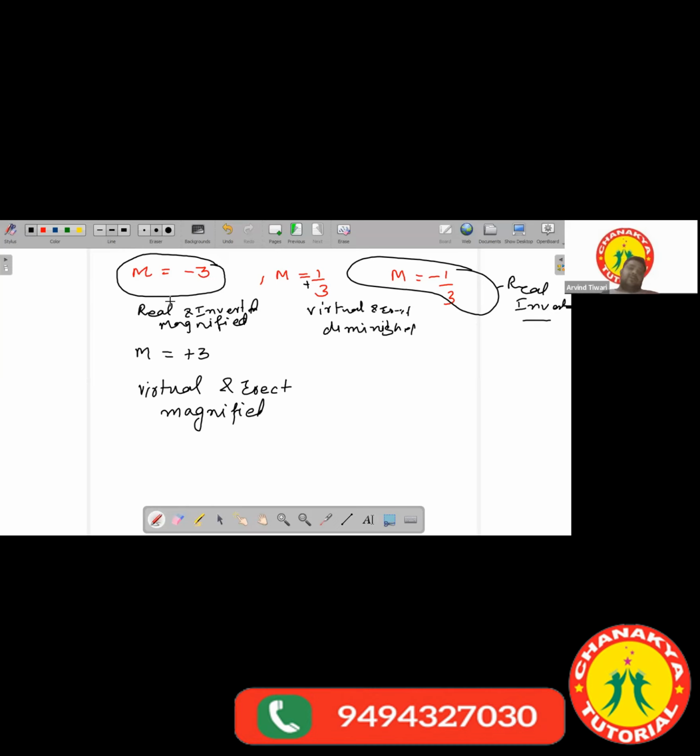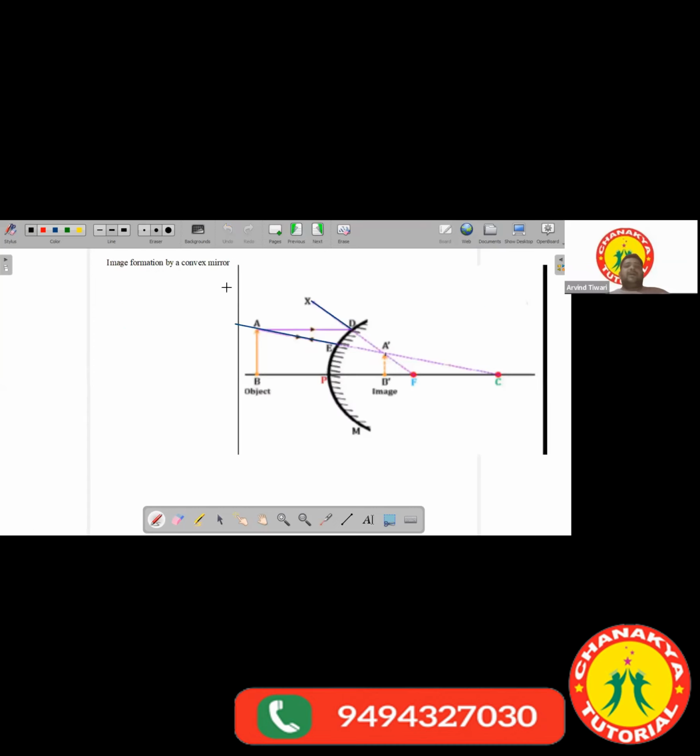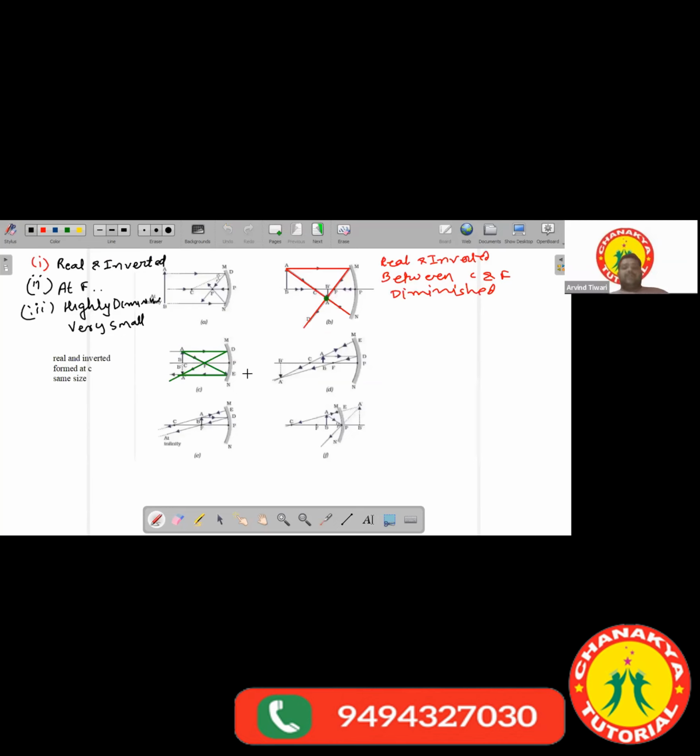Where will you place the object so that you can get the magnification as -3? Between C and F. If you place the object between C and F, you are getting a real, inverted, and enlarged image.